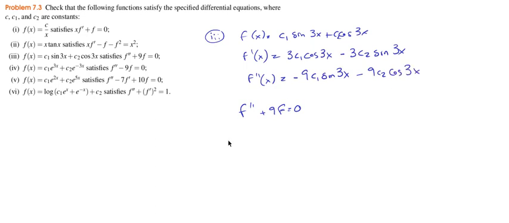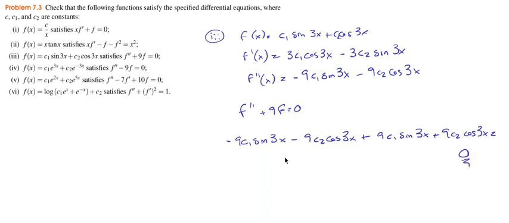So we substitute here: minus 9c1 sine of 3x minus 9c2 cosine of 3x plus 9c1 sine of 3x plus 9c2 cosine of 3x, which is equal to 0, because everything cancels out. So that checks again.